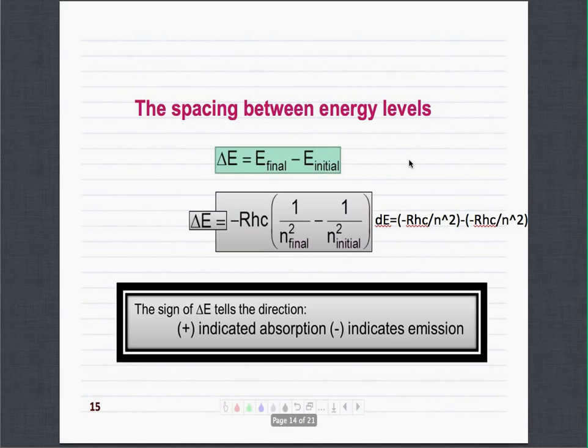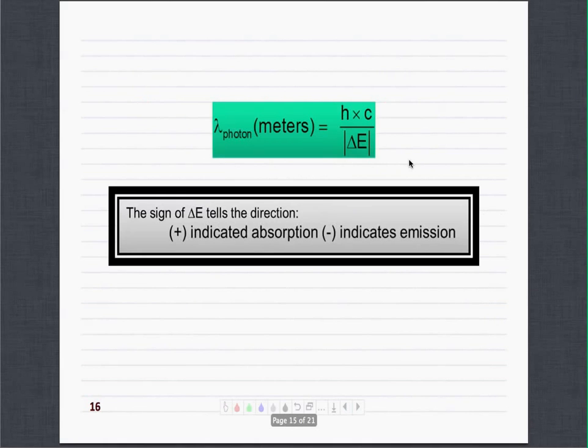If it is plus, it's going to be minus. If it is minus, it's going to be plus. Sometimes the electron goes back to the same level, or to a higher or lower level. But if it is to the same level, yes, it's the same amount of energy, but negative or positive. Okay, so now, from this difference of energy, we calculated delta E in the one before, which is minus RHC times 1 over n squared final minus 1 over n squared initial.